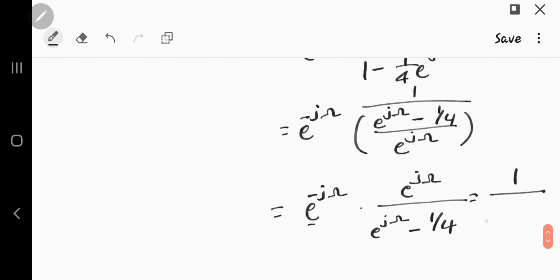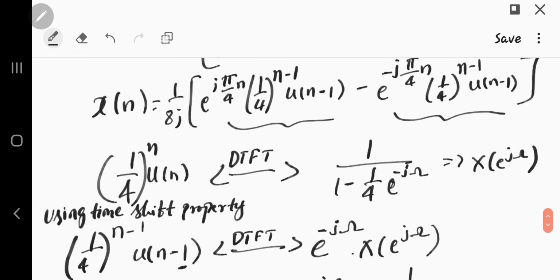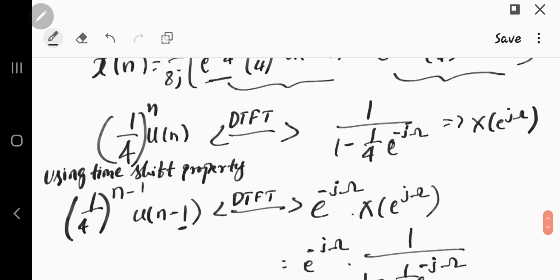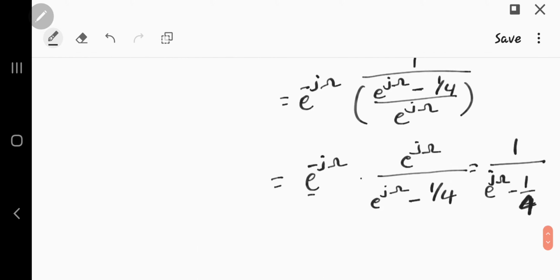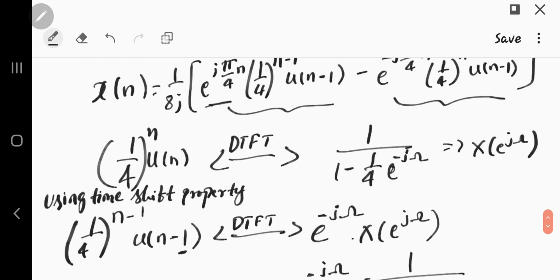So we'll end up with 1 divided by e power j omega minus 1 by 4. Now you have to decide whether to simplify or not by looking at the property that you are going to apply. We are in the first phase, and one more property is there that we have to apply, so I am trying to reduce as much as possible. Now this value, 1 divided by e power j omega minus 1 by 4, is my X of e power j omega right now.